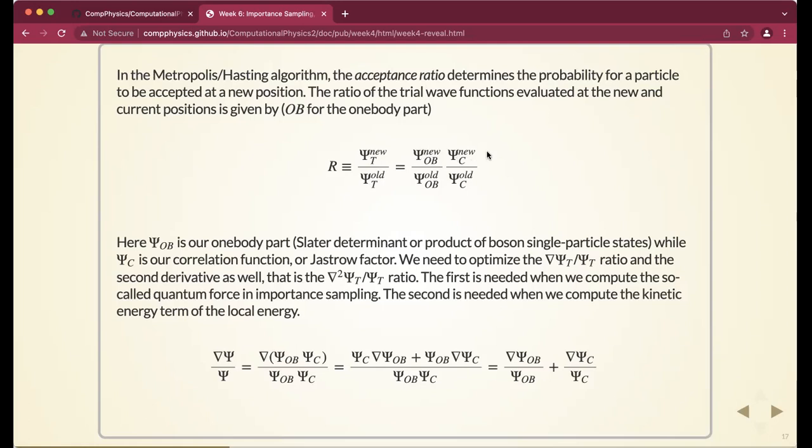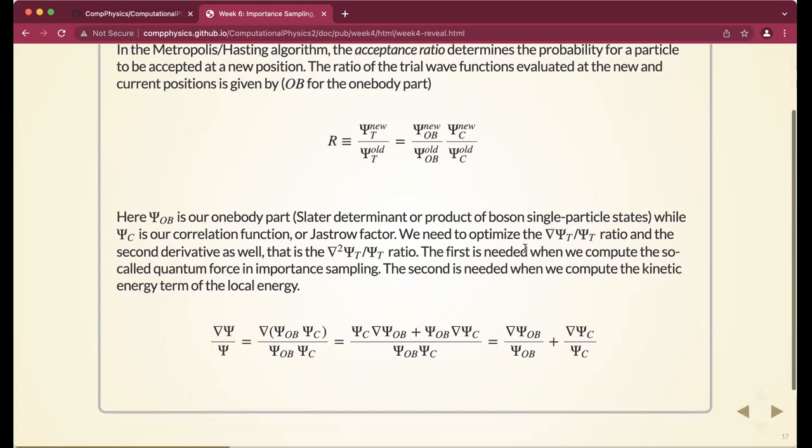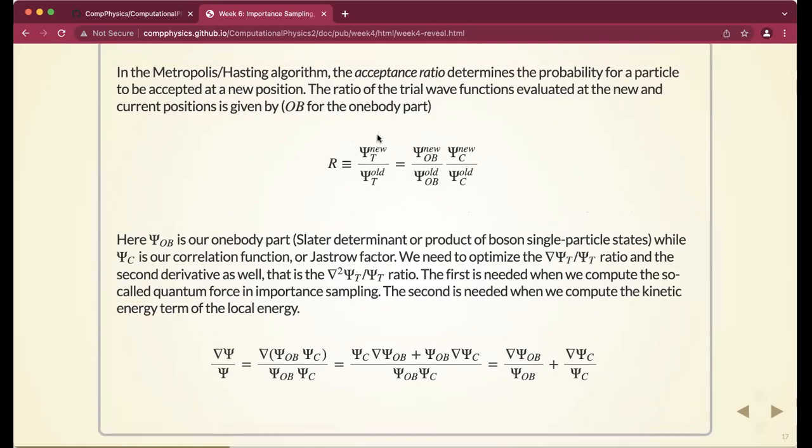And then you need a part which depends on the correlations. So OB stands for the one body part. It could be a Slater determinant or a product of boson single particle states, while this psi of C is our correlated function, or just the Jastrow factor. So we need to find this one. That's an important place where we're going to waste a lot of CPU cycles.